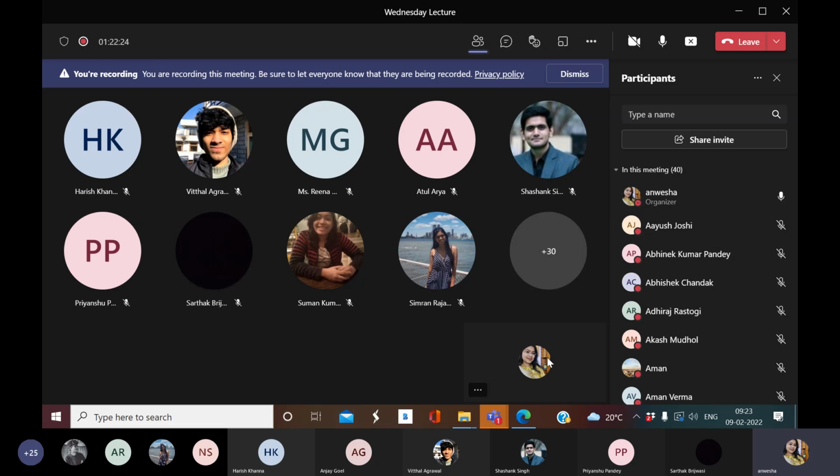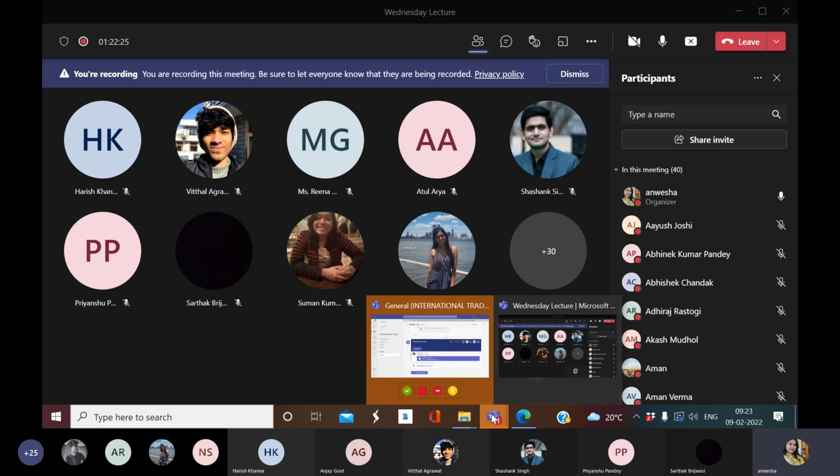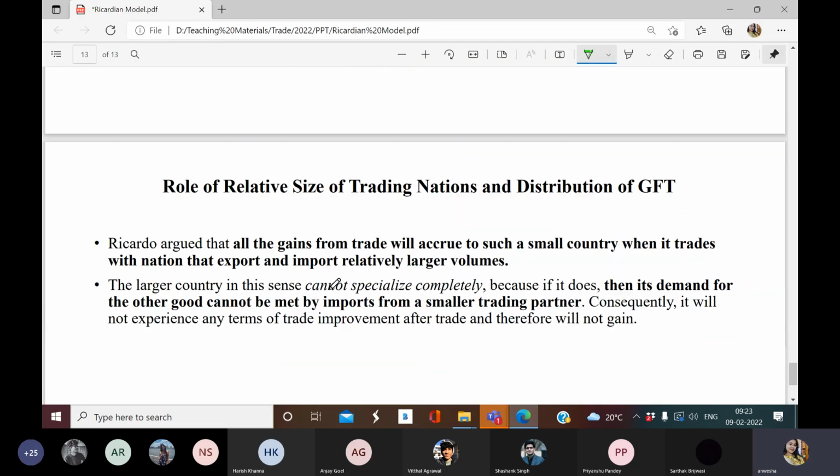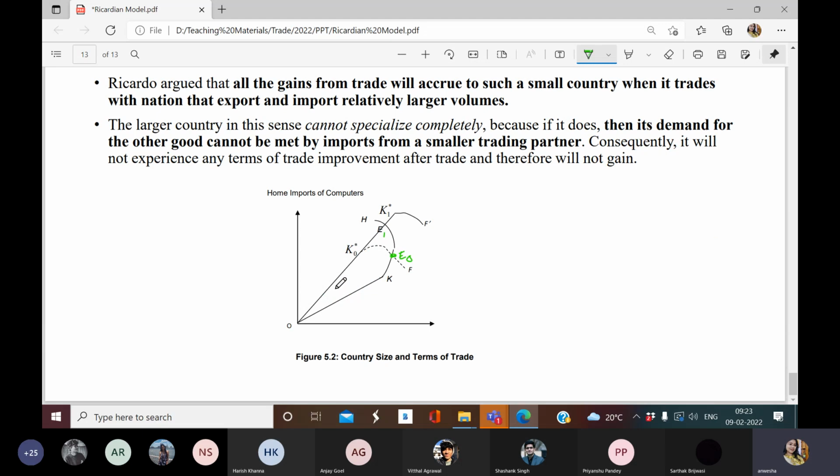Okay, so this large foreign country cannot be completely specialized, because if it produces only computer, it produces too much of computer which it cannot sell, and its demand for textile is also not being satisfied. So now it will devote its resources between the two sectors.